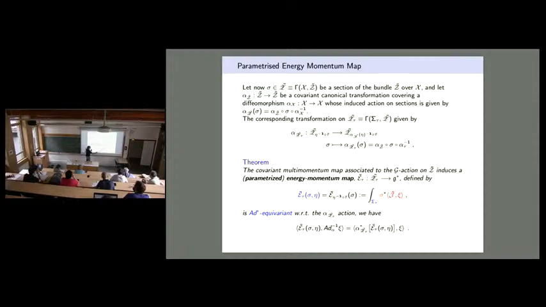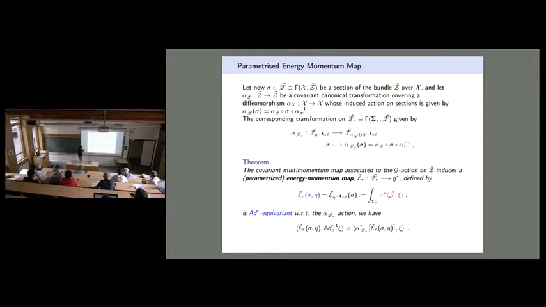So this object is no longer the full covariant momentum map for diffeomorphisms, but what is called the energy momentum map. In our case, it's a parameterized energy momentum map because we are adding this extra covariance level. It's not defined on a fixed sigma, but on something which is dressed with diffeomorphisms. So this is something new we did.